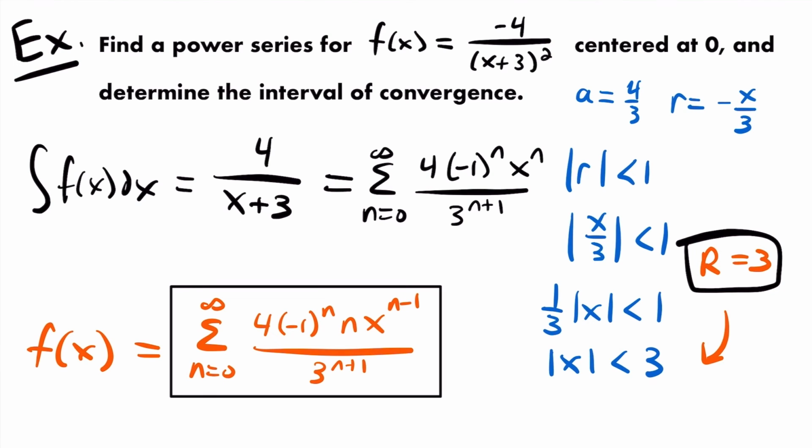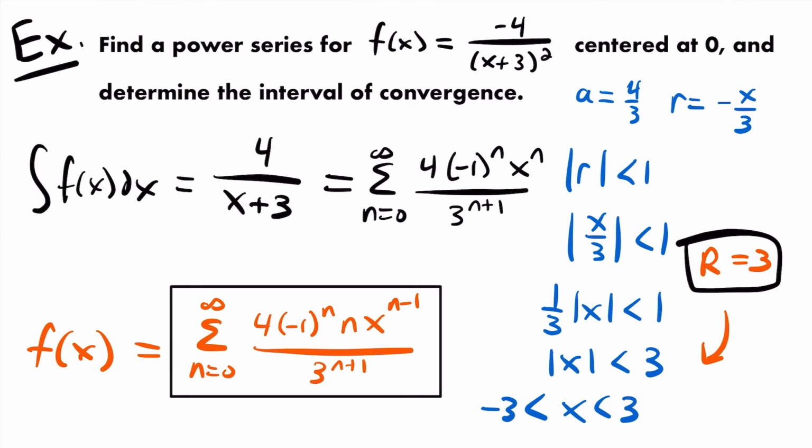The absolute value of x less than 3 implies that x is less than 3 but greater than negative 3. When x is between negative 3 and 3, this power series converges. But that might not necessarily be true for this power series, which represents our function, but it's the derivative of this power series.